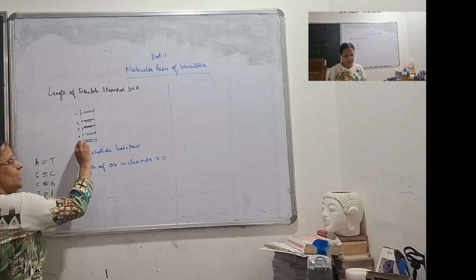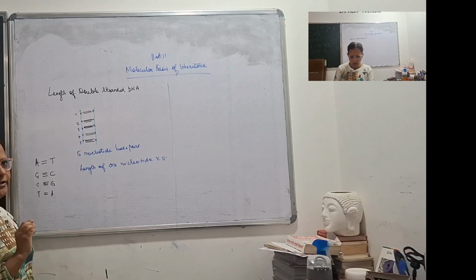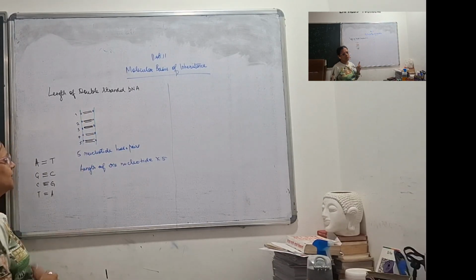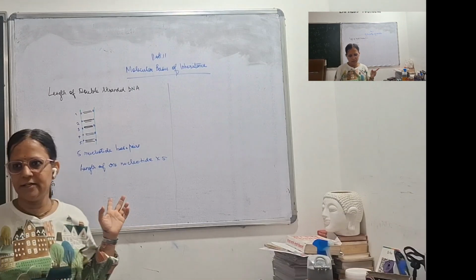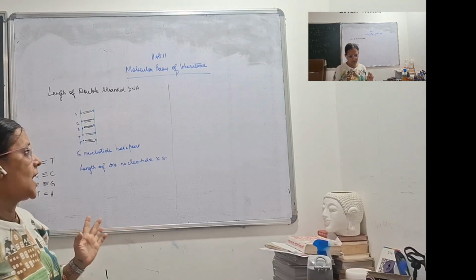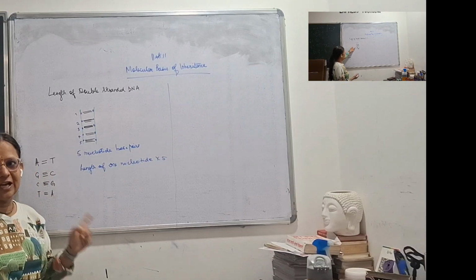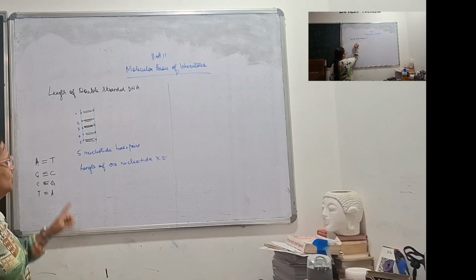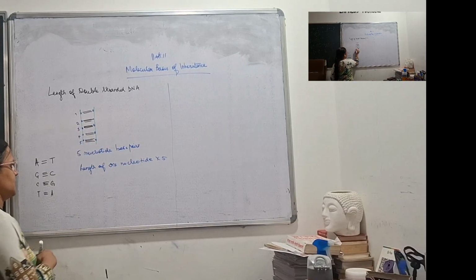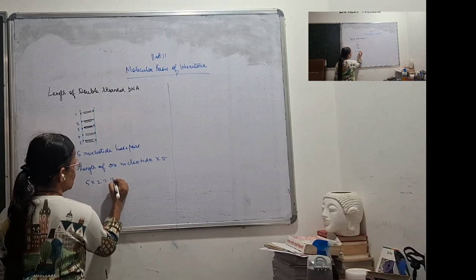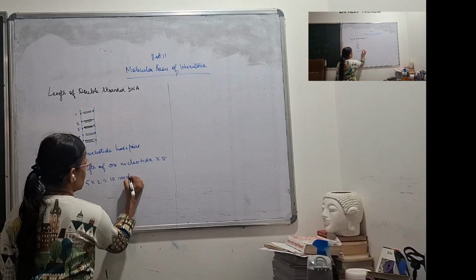So one nucleotide, how much space it has occupied, that multiplied by 5, if I do, I will get the length of double stranded DNA. Okay. And if the question comes that how many nucleotides are there in 5 nucleotide base pairs, then the answer is very simple. 5 into 2, that is 10 nucleotides, right?